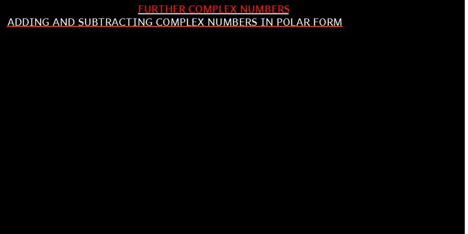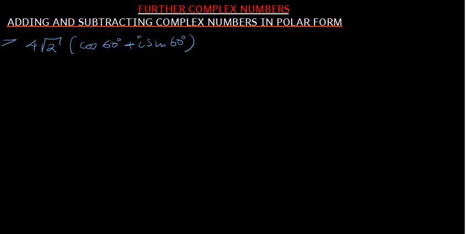So let's say we've been given 4 root 2 cos 60 degrees plus i sin 60 degrees.